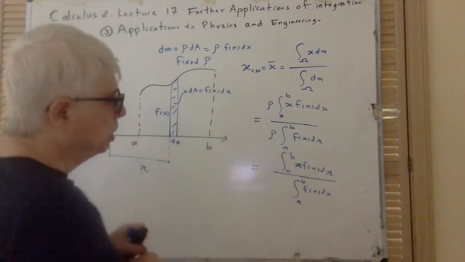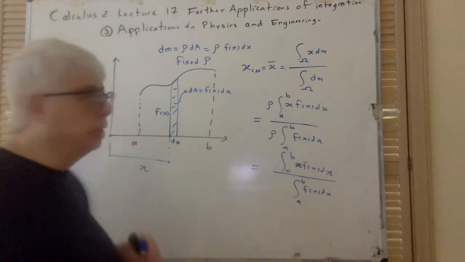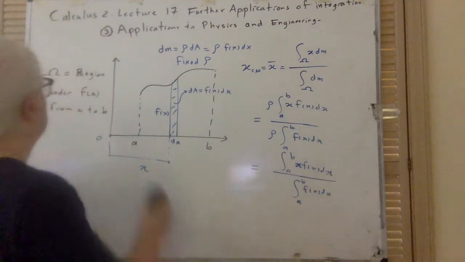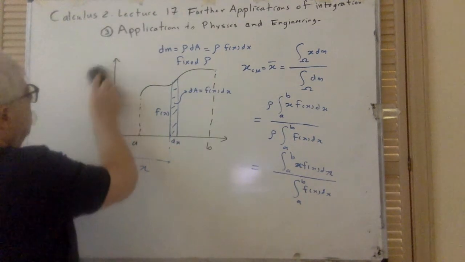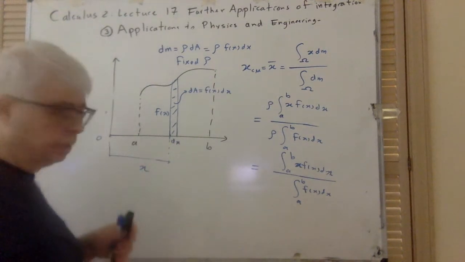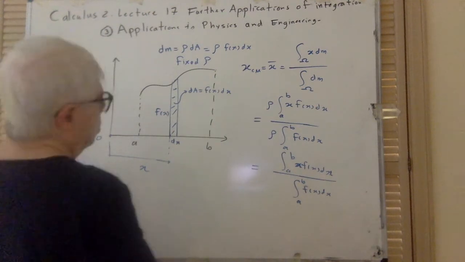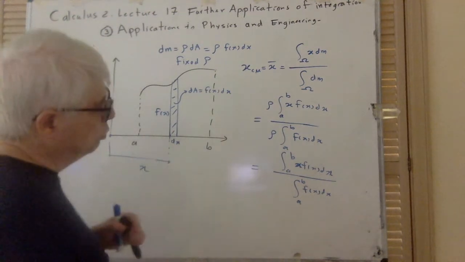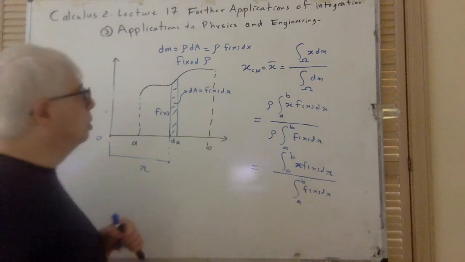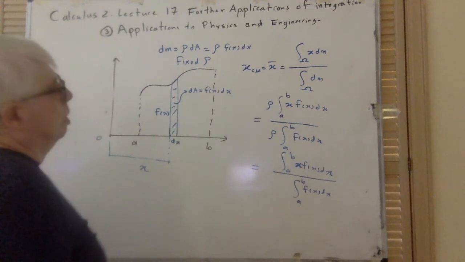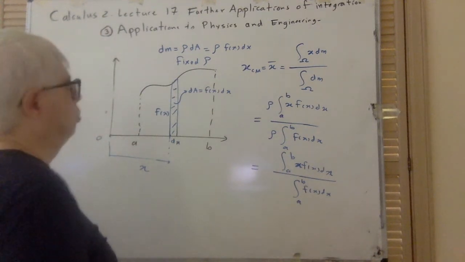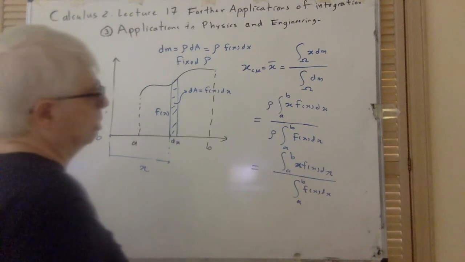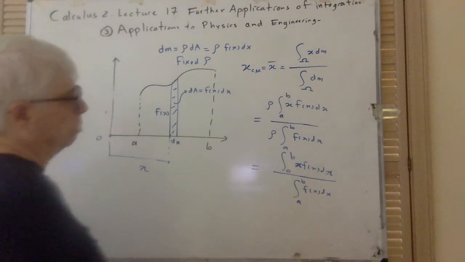If rho is not fixed and it's a function of x, then you have to write it inside the integral. Okay, so I will write these formulas at the end again. So that was x bar, say.